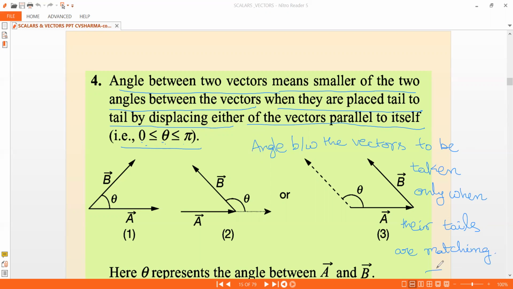Angle between the vectors is to be taken only when the tails of the vectors are matching. Otherwise, you should not take the angle. So in this situation, this is not the angle. This will be the angle.